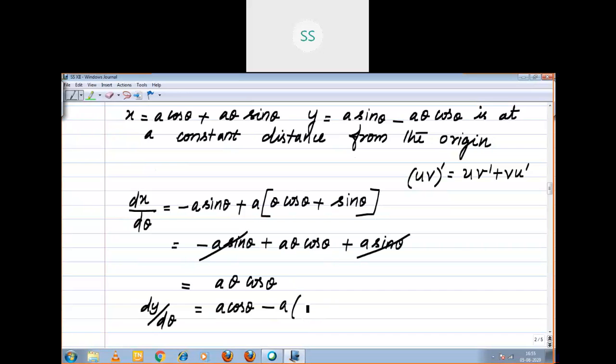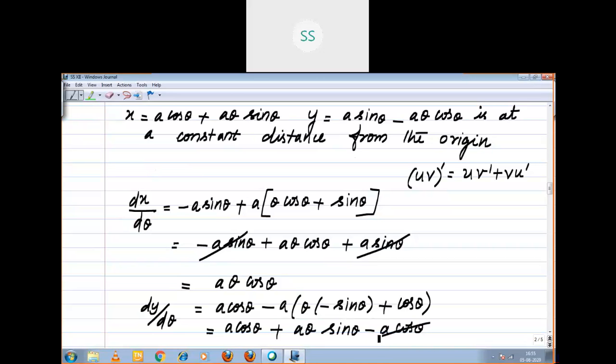When you differentiate cos theta, you get minus sin theta, plus cos theta. When you differentiate theta, you get 1. a cos theta plus a theta sin theta, minus into minus, then minus into plus again minus cos theta. Minus cos theta plus cos theta cancel. You arrive at a theta sin theta.